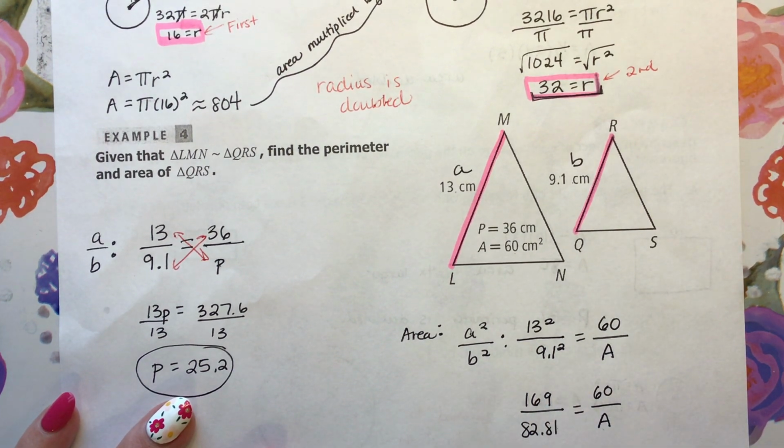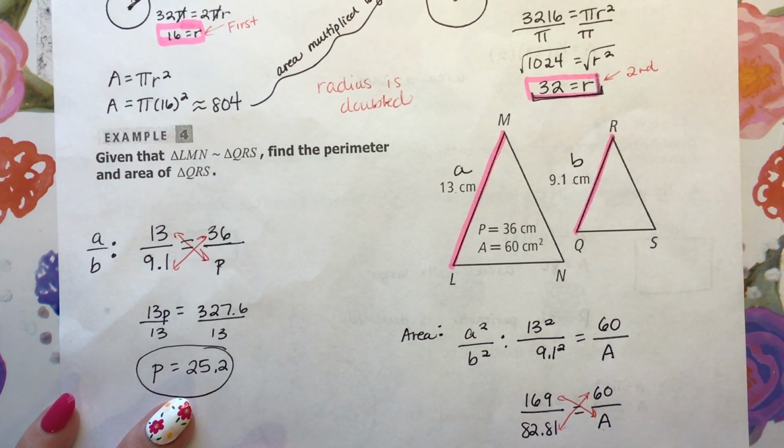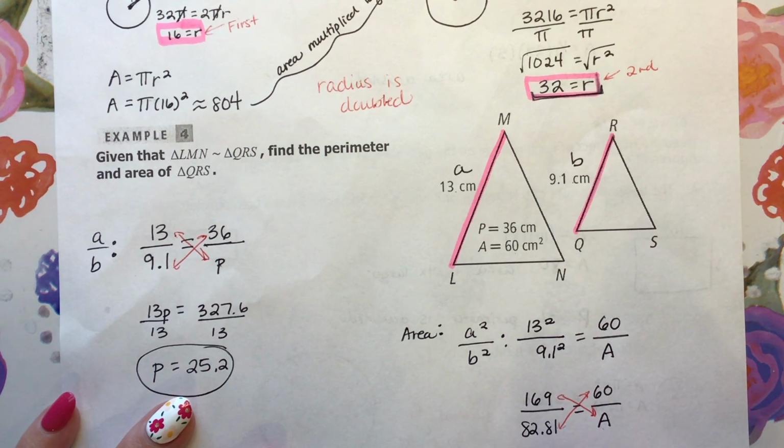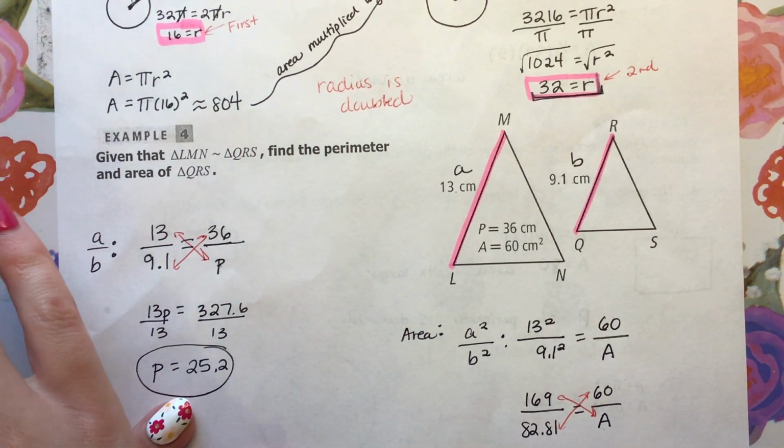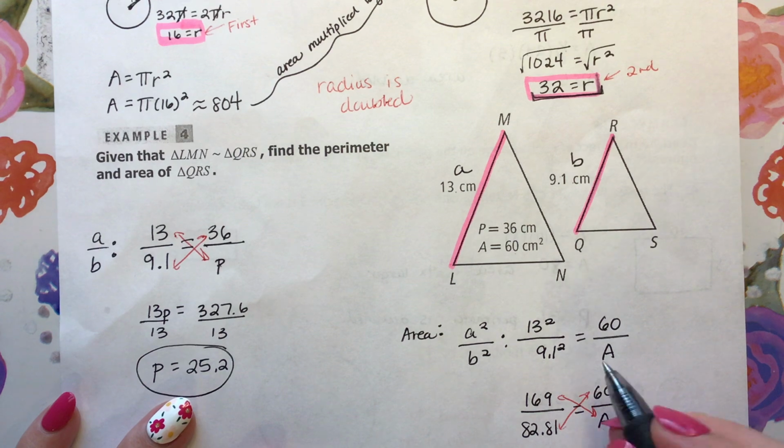Now we want to cross multiply. So that's getting us 169A is equal to 4,968.6.